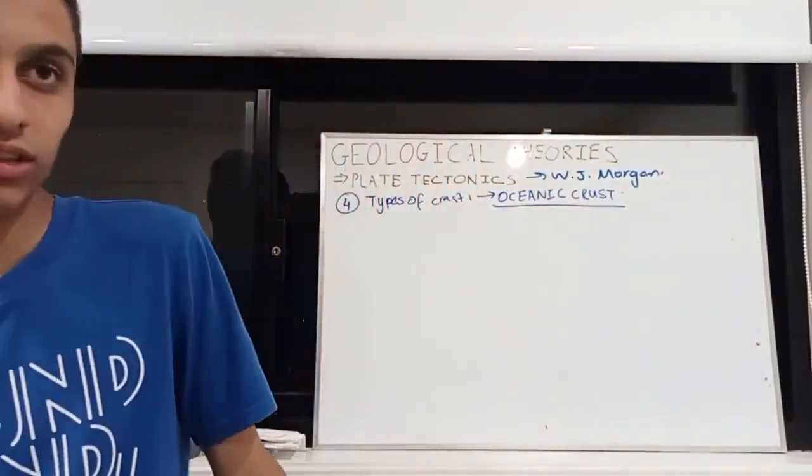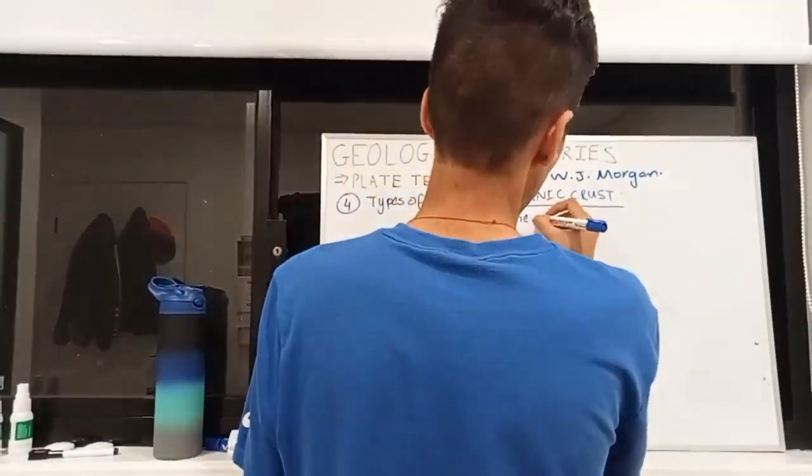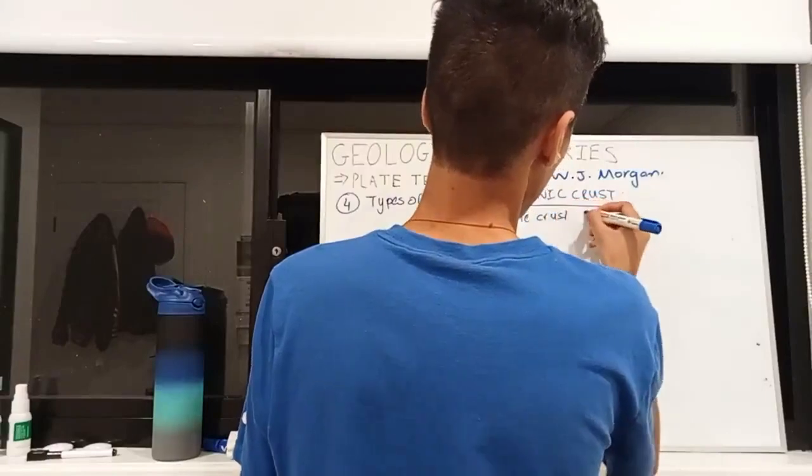Now, oceanic crust is the crust that forms the ocean floor. Quite simple.